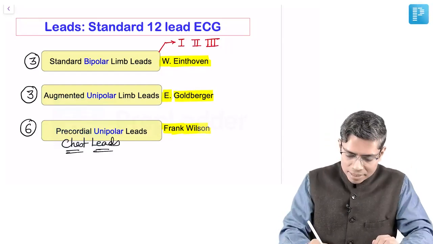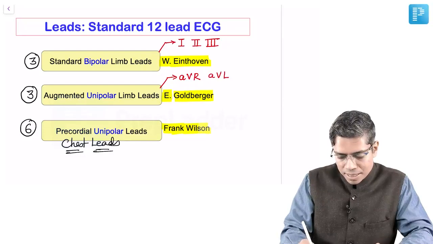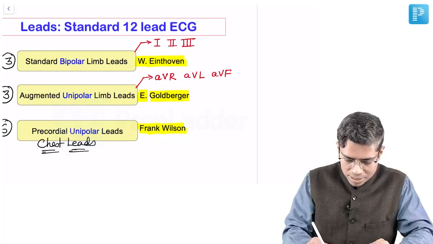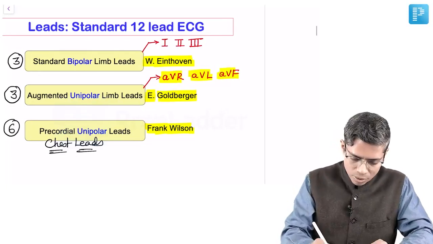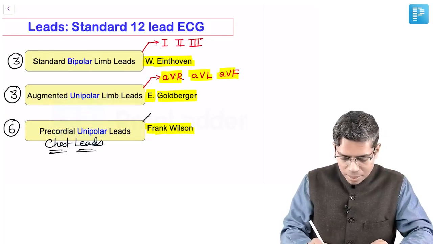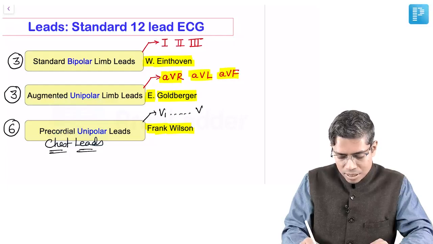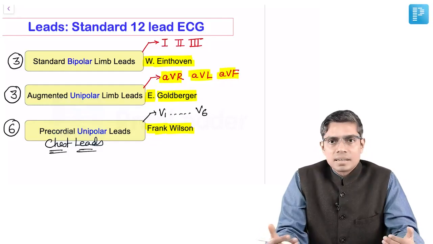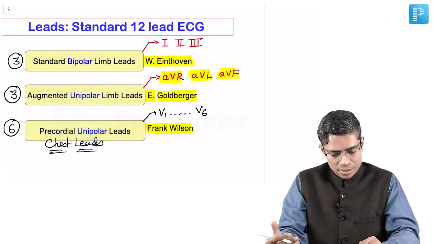Augmented unipolar leads are known as AVR, AVL and AVF. And chest leads or precordial leads, 6 in number, are known as V1, V2, V3 up to V6. So how these leads are connected on the body surface, that we are going to understand first, right?